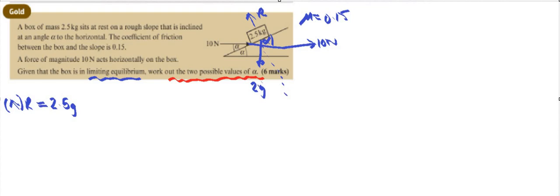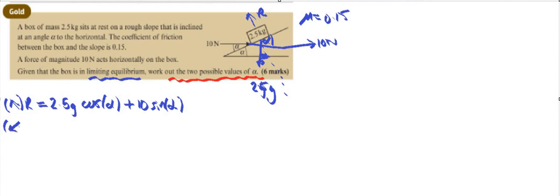Remember that this angle is the same as the angle of the inclined plane. So that's 2.5g cos alpha, because that's the angle marked with the vertical axis. And also we've got 10 newtons, and this time the angle is marked with the horizontal, so that's 10 sine alpha.